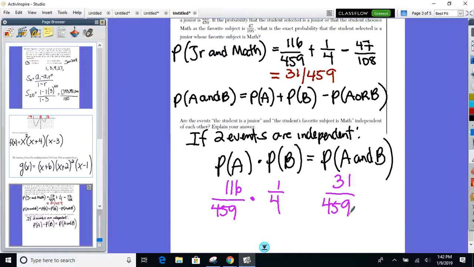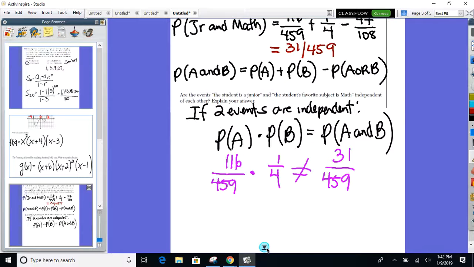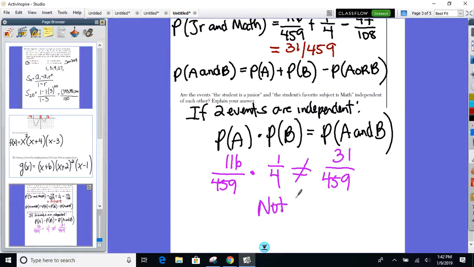Is that the same as 31 out of 459? And as you just heard, nope, they are not equal to each other. So those two are not independent. You can write they're dependent if you'd like.